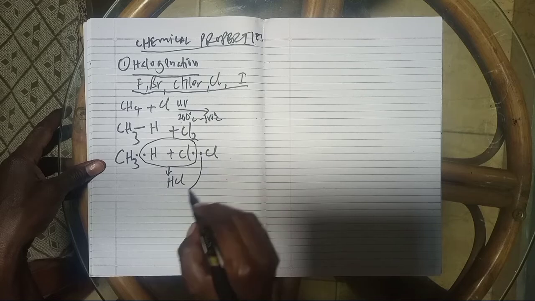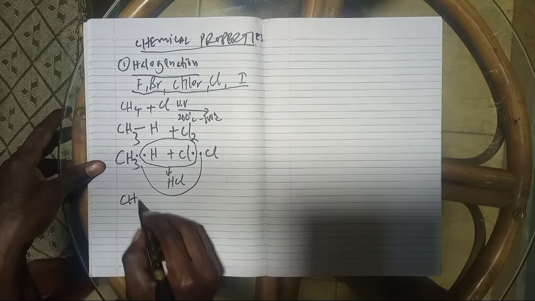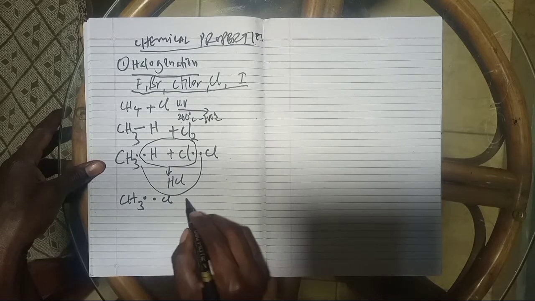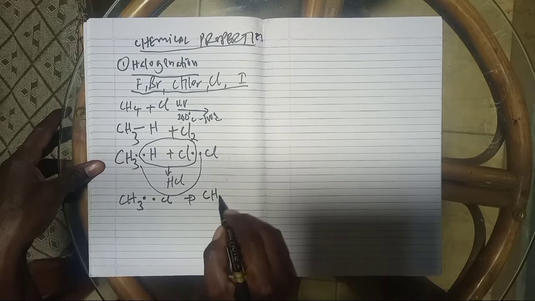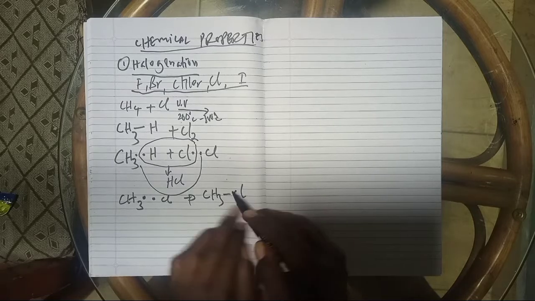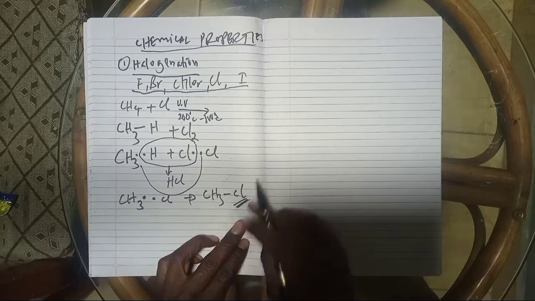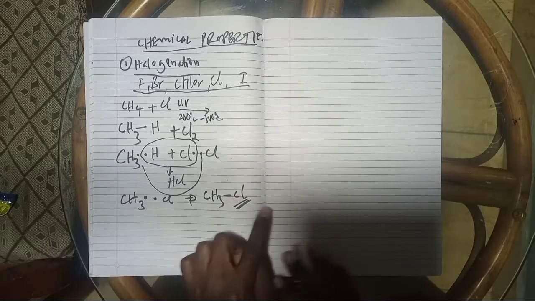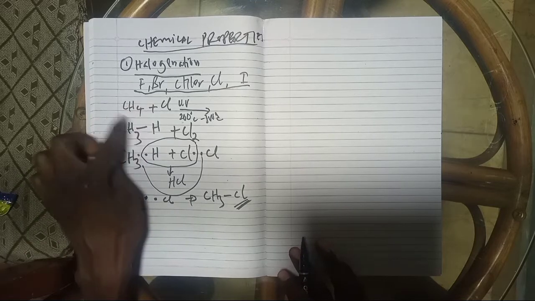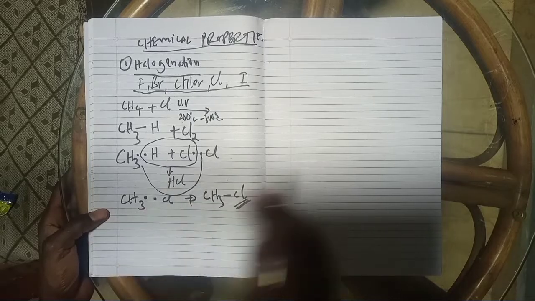But these electrons here and this one will get together and form CH3 and Cl. That is chlorine. Means one of the hydrogen is replaced with Cl. That is substitution reaction. Means this Cl is substituted for one of the hydrogen, which is removed. So this can be done as you move on.